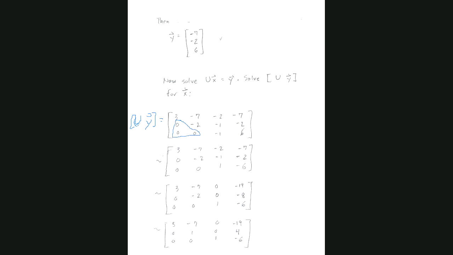In this case, I multiply the third row, the third equation, by -1, and that'll be my new equation. I put the result in the third row.